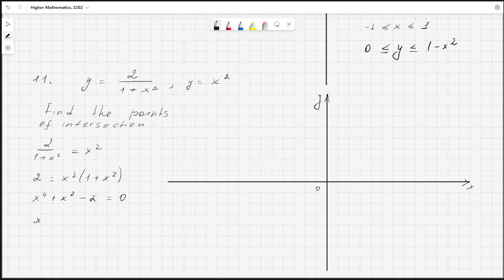X squared is -2 or x squared is 1. The first is not a solution. In this case, x is -1 and x is 1.